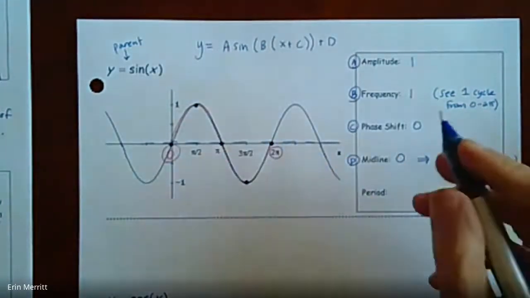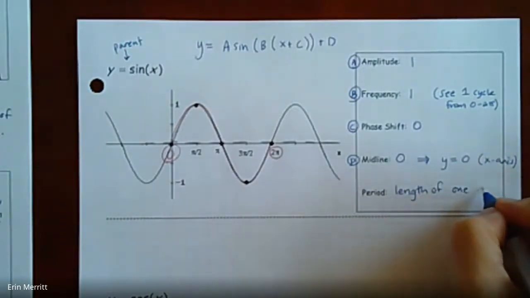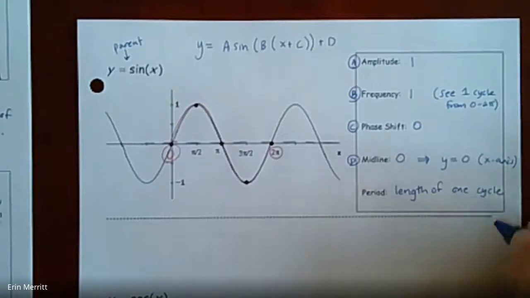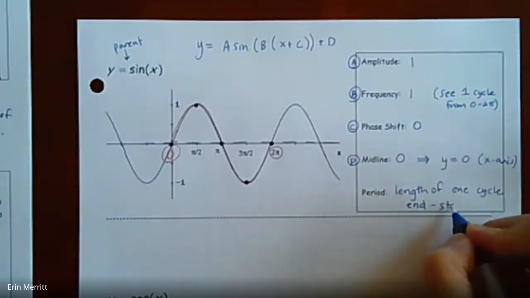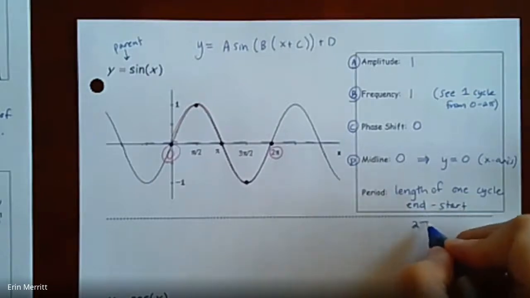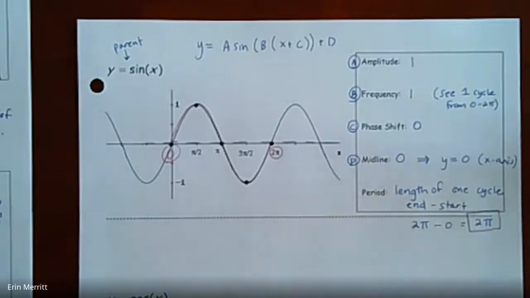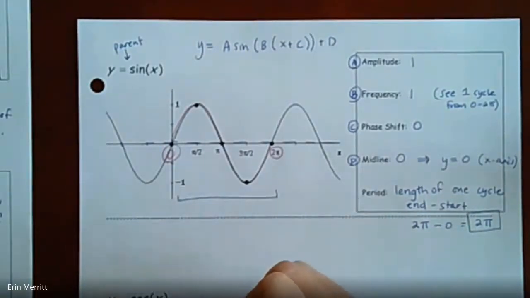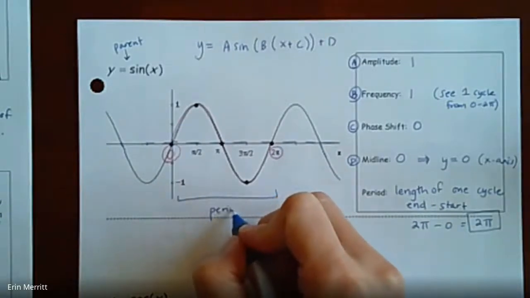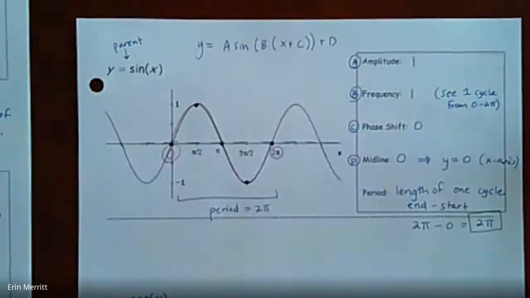And so to get the length of one cycle, you can take the point that it ends at and subtract the point that it started at. So if I do 2 pi minus 0, 2 pi itself is the actual length of the curve. So that is the period. That's how much I have to look at to see it.